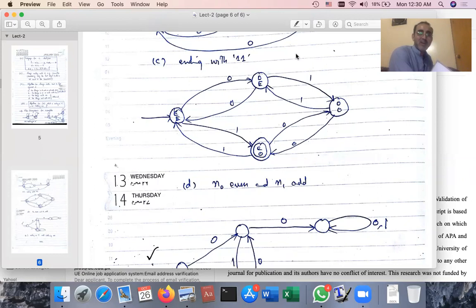Now the language is even number of zeros and odd number of ones. Even number of zeros and odd number of ones. Maybe we have even number of zeros and zero, one.